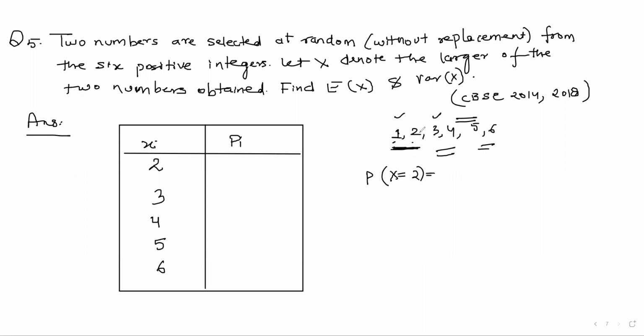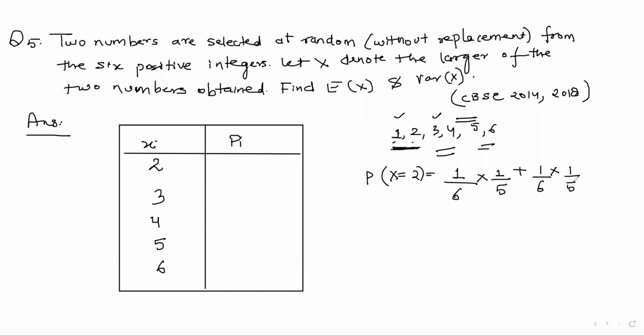So the probability of getting 1 first is 1 by 6. Now the remaining numbers are 5, so drawing a 2 has the probability 1 by 5. Plus the second option: the first number which we have drawn is 2, so that is 1 by 6 into 1 by 5.